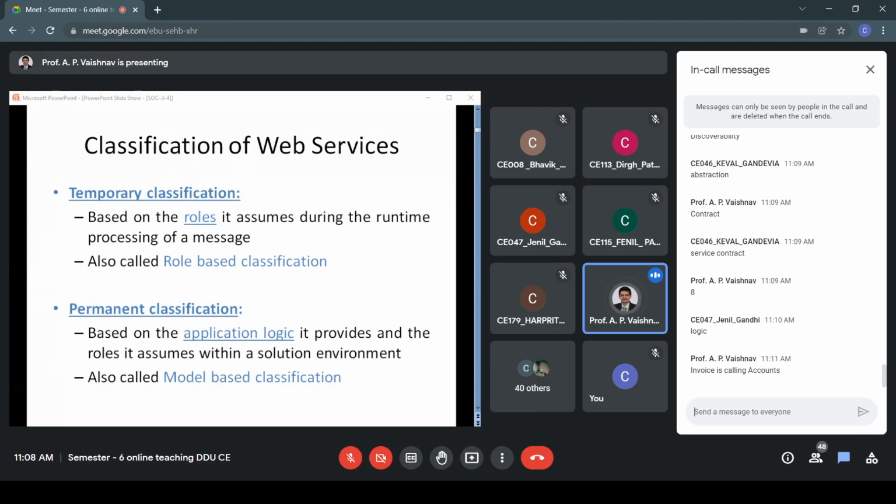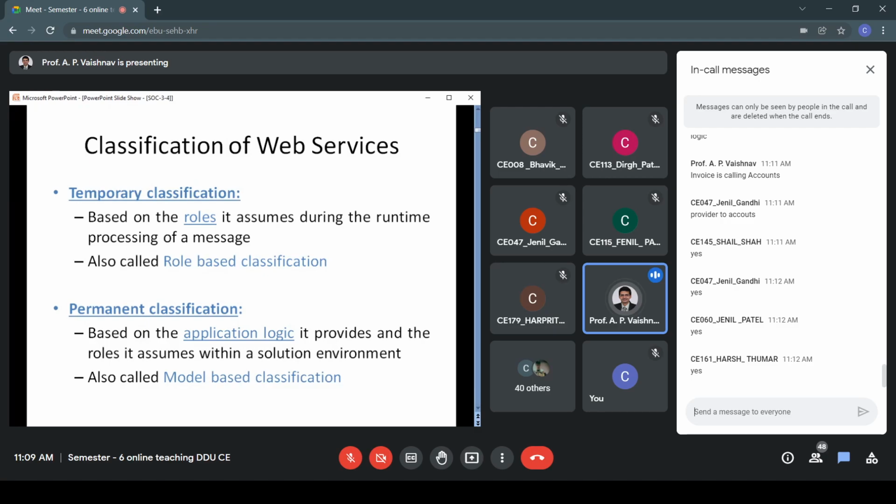When invoice is invoking the account service, what is the purpose? Who is sending a request over here? Account is being called, right? Invoice is sending a request. So can I say that invoice is acting as a requester?